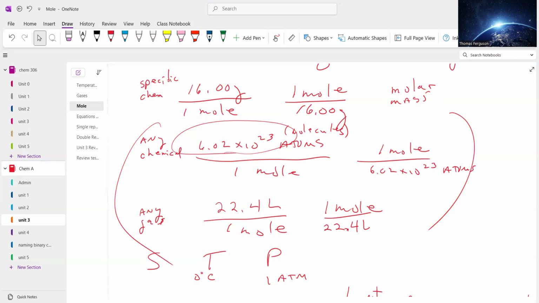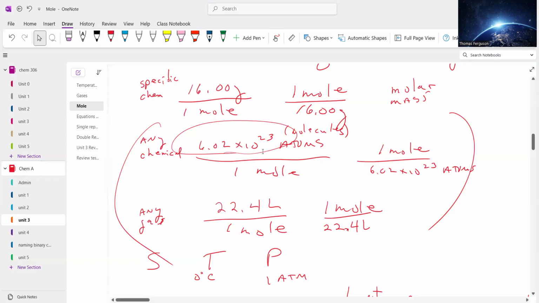That's 22.4 liters per mole, and that's at standard temperature and pressure only: 1 atmosphere, 0 degrees Celsius. Anything else, it's not 22.4.